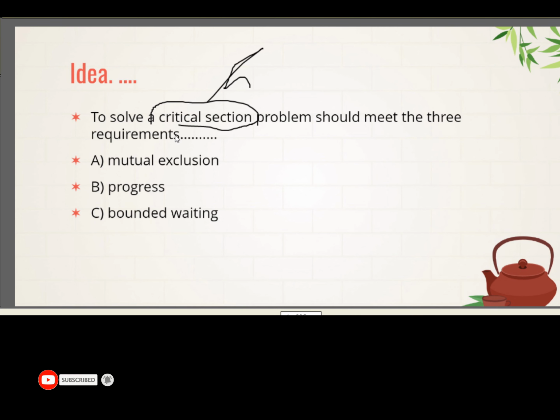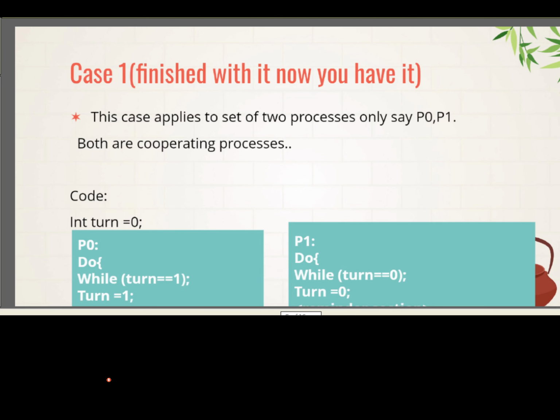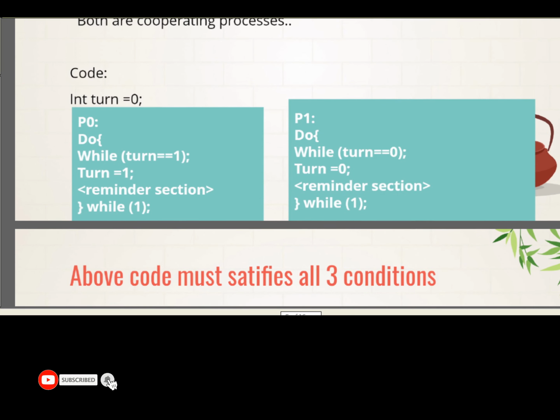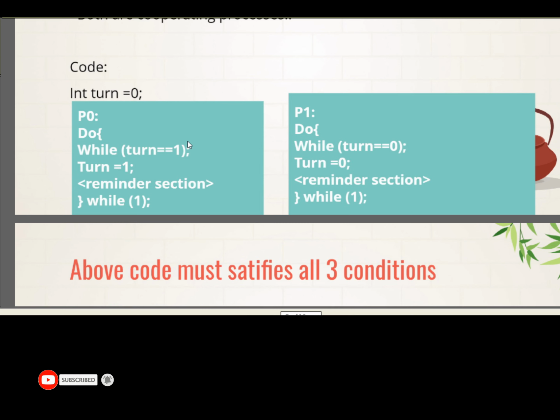So first, the conditions to solve the problem: the first is mutual exclusion, the second is progress, and the third is bounded waiting. I can explain all these three terms by using this code. We have to satisfy the basic needs of having a critical section, so in terms of this code, we will solve the three conditions to satisfy the critical section algorithm.